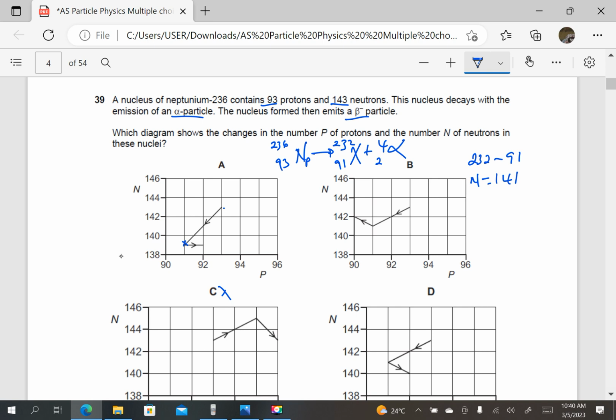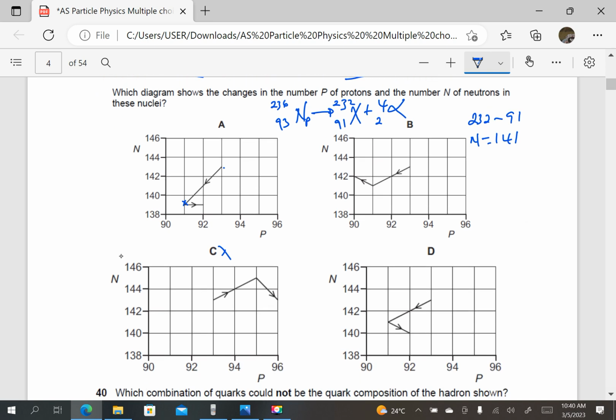The nucleus formed then emits beta minus. So we have X, which is 232, 91. It is emitting beta minus, so it is giving us a new nucleus Y plus beta minus, which is 0, minus 1. So this should be 92, and this remains 232. So our proton number should go back to 92.